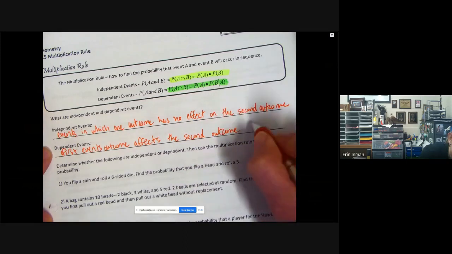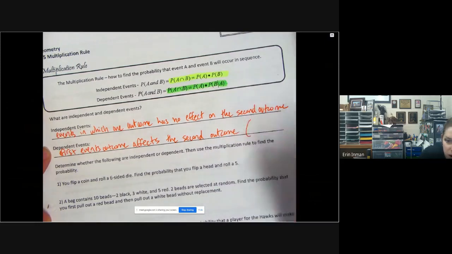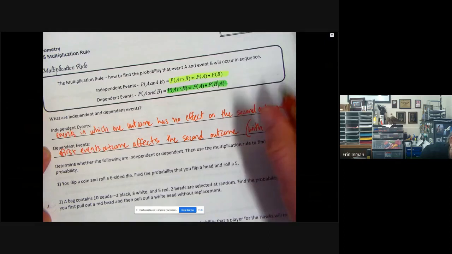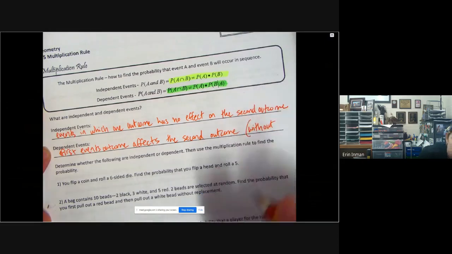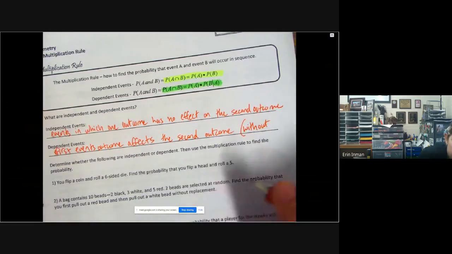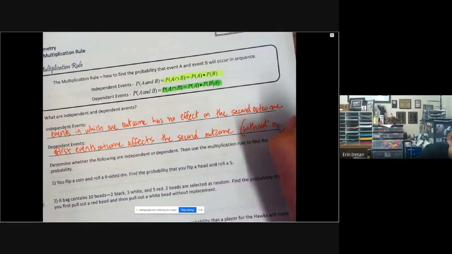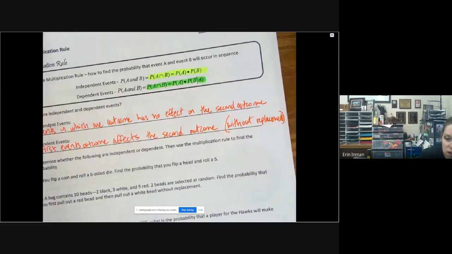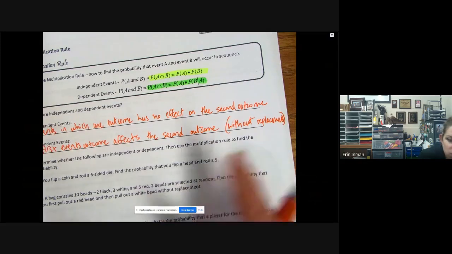For example, if you are picking a marble out of a bag or a name out of a hat, if I put the name back in, then everything's fair for the next pick. If I hold the name or the marble out, then all of a sudden things have changed. So when we see things like "without replacement," that should be your little red flag. The light bulb flicks on: that's going to change things for the next person that goes.